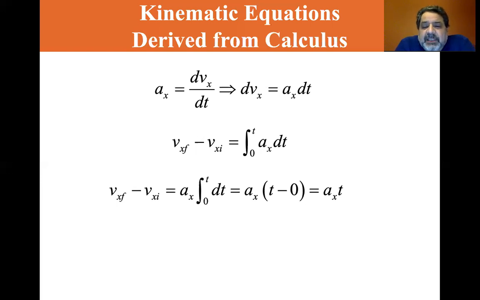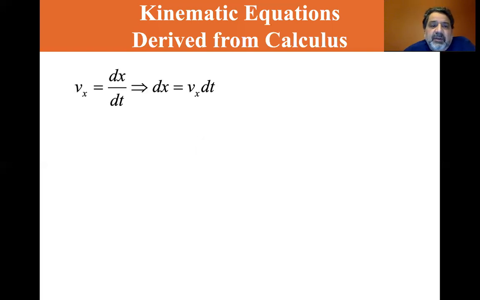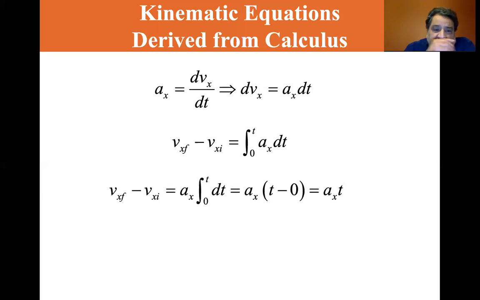So it's ax t, and evaluated from 0 to t, it's t minus 0. You get ax t. And if we solve for, well, they don't show it here, Vx final equals Vx initial plus ax t, and that's what we had in one of our equations.